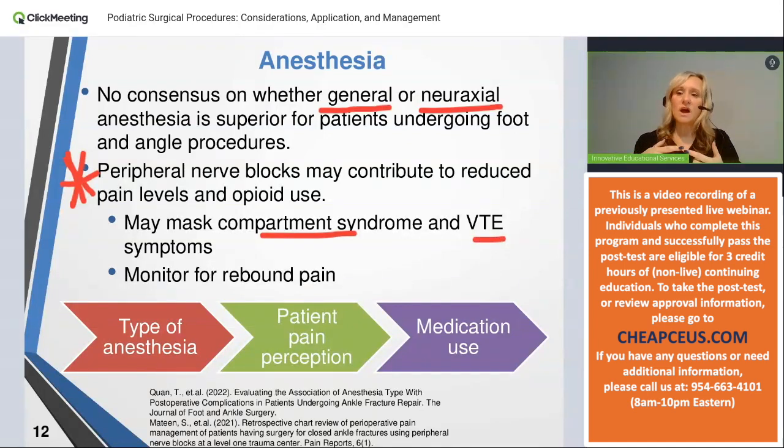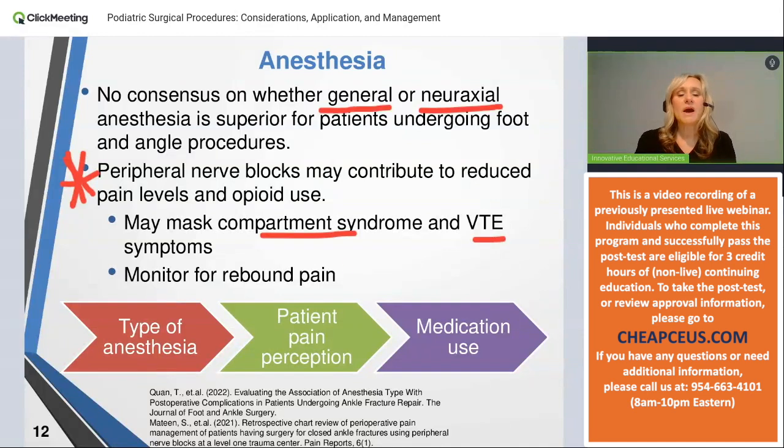We often rely on the patient's verbal feedback to be one of our early cues that these two conditions may be developing. Unfortunately, with the peripheral nerve block, we're not going to have that to rely on. So we're going to have to use our other assessment skills, visual inspection, palpation, to monitor for those specific conditions.